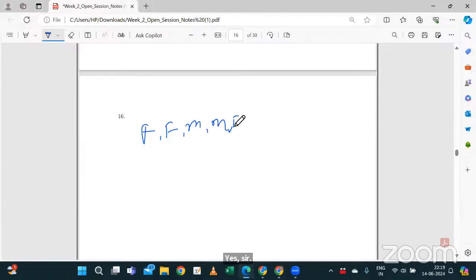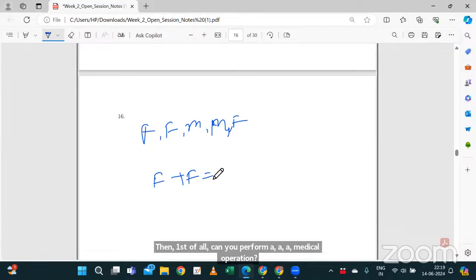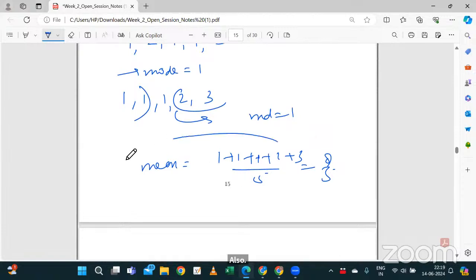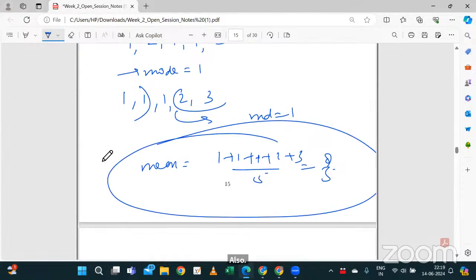First of all, can you perform a meaningful mathematical operation? Can you do female plus female equals two female? No, sir. And to calculate the mean, what is necessary? There should be meaningful mathematical addition and division. Is it possible in case of categorical data? No, sir. Is it clear? Yes.